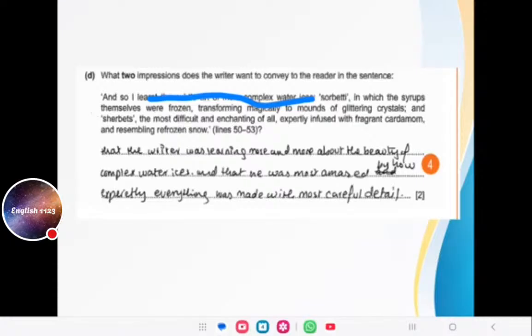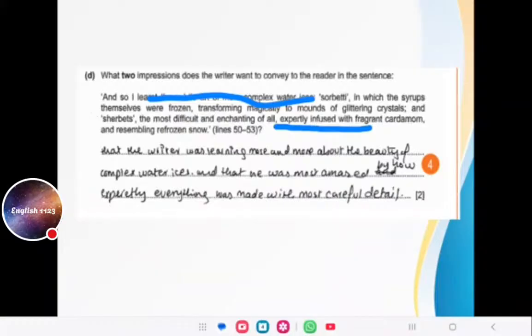Then the second thing is "the most difficult and enchanting of all, expertly infused with fragrant cardamom." First he learned the art of complex waters, and after that he also learned how to infuse, how to put the aroma or fragrance of cardamom or any kind of fragrance in those ice crystals, in that frozen snow.